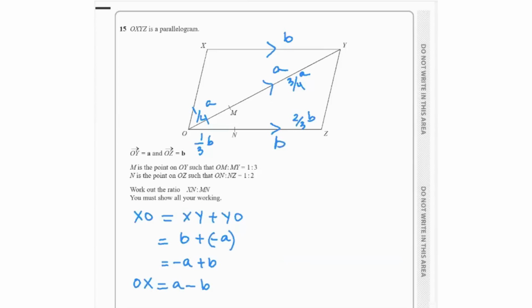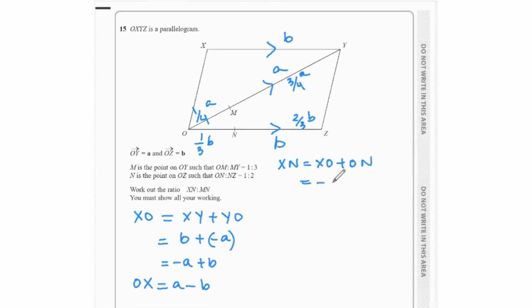Now we need to find ON. We already know ON, that's 1/3 of B. We can find XN. XN would be XO plus ON.